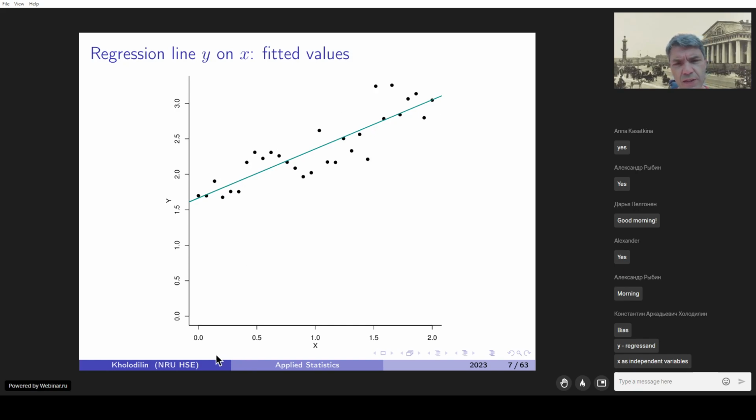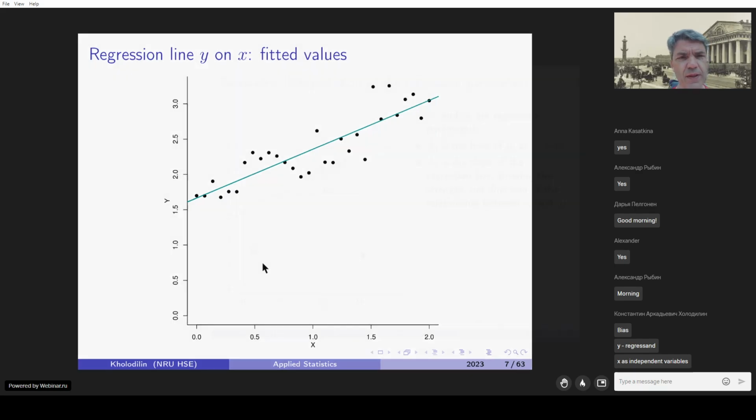In this case, it's easy to plot it because it's regression with a single explanatory variable, but it's more complicated in the case when we have more than one explanatory variables, because in that case it's already plane or surface or some more complicated object. But it's easy to display it for this one regressor case.